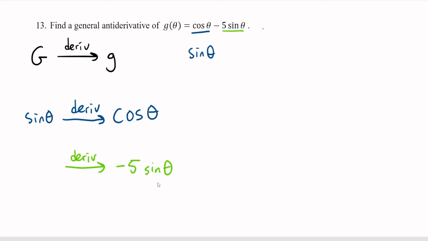Well, how do I get to sine using derivative? Oh yeah, cosine. The derivative of cosine will get negative sine, but I don't have this 5 here, right? Well, just put a 5 in. That's easy. The derivative of 5 cosine theta is negative 5 sine theta. So the antiderivative of this is 5 cosine theta.